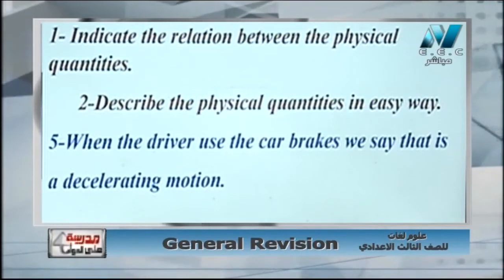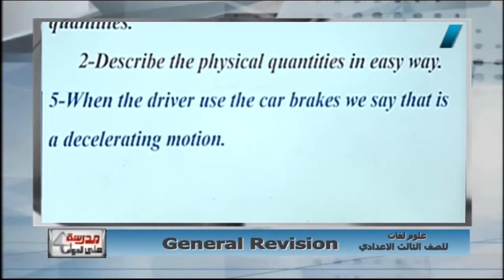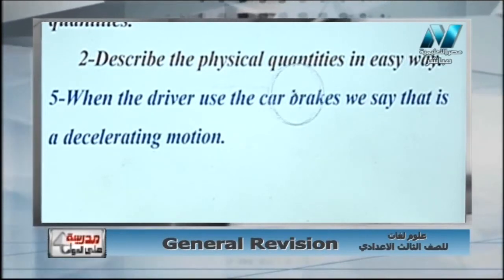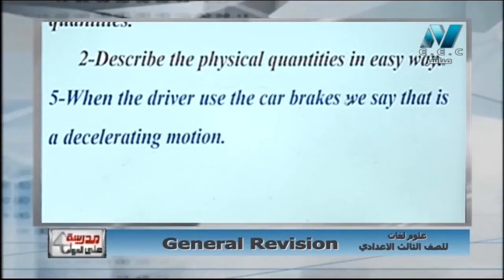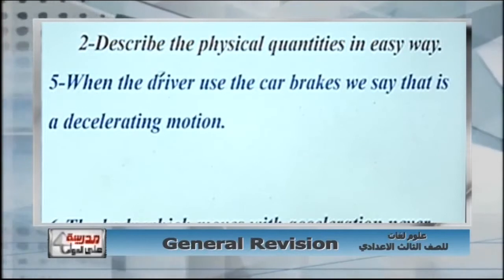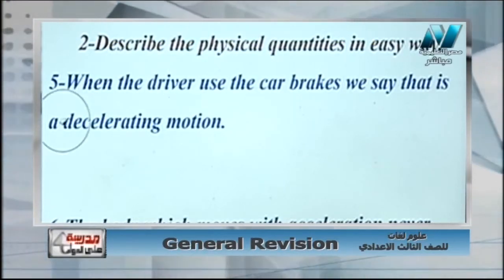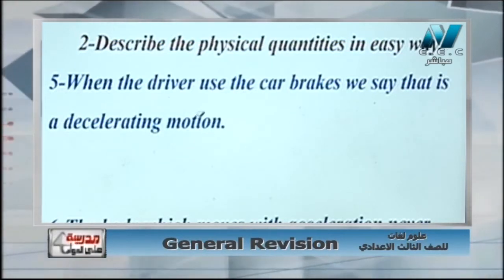Number five, when the driver uses the car brakes, which means الفرامل, we say that it is a decelerating motion. So what do we use to answer this question? We use decelerating motion or negative acceleration.